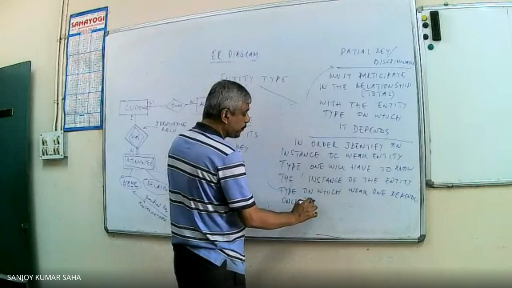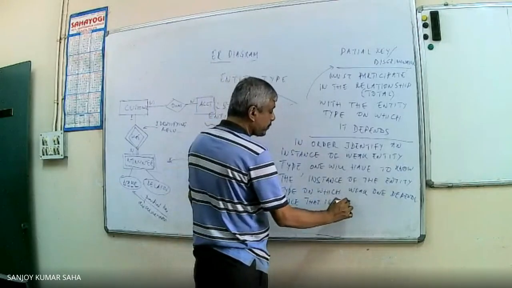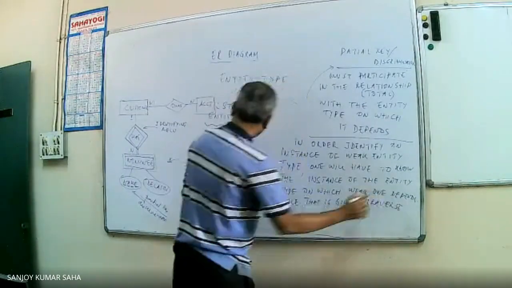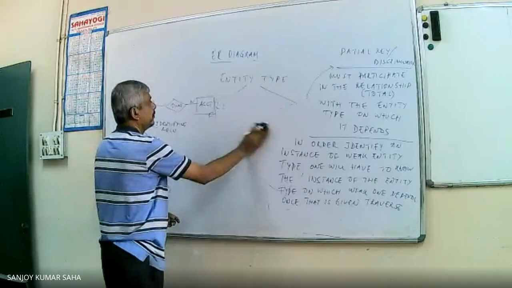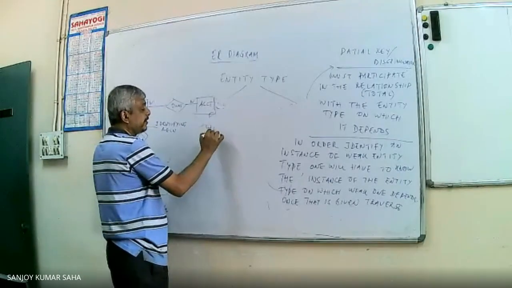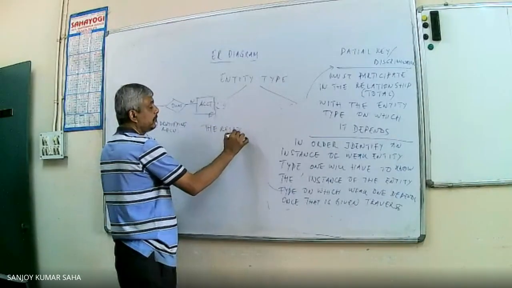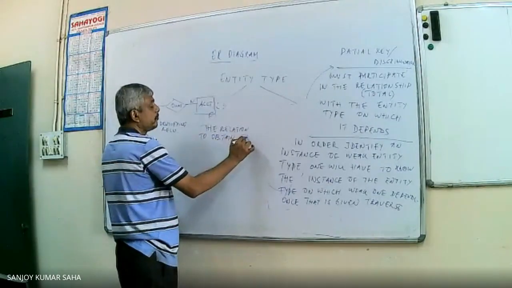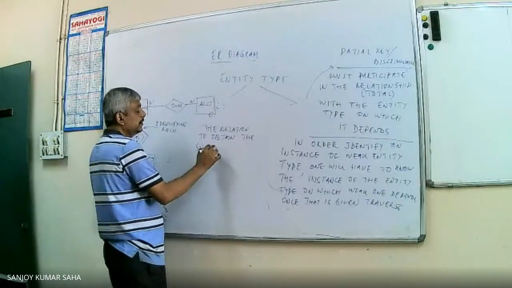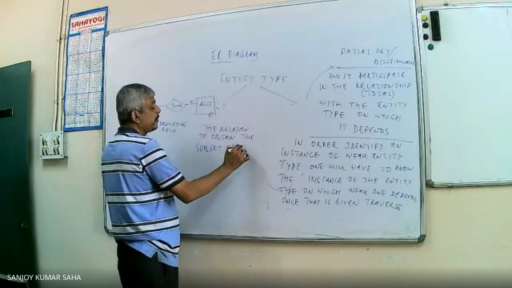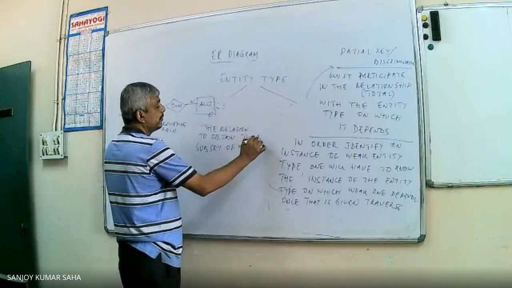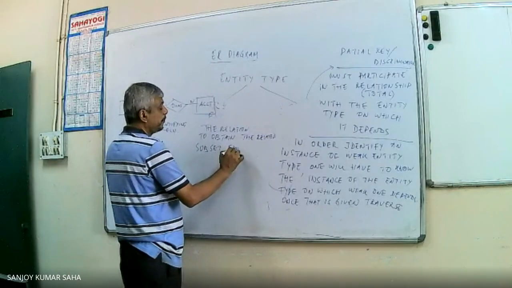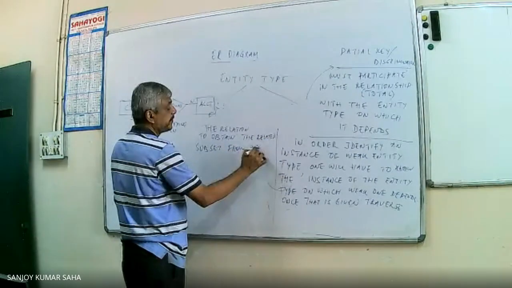Once that is given, traverse the relation to obtain the related subset from the weak entity set.